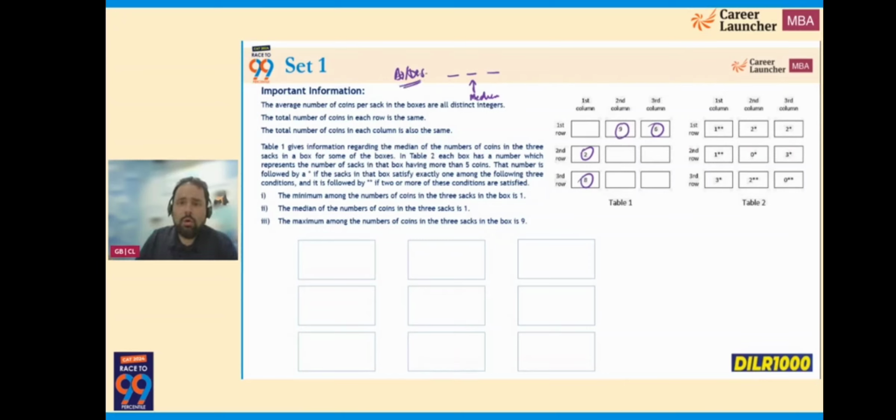Now, all the numbers are from 1 to 9. They are telling me the median of the second row. The median I put as the second number. Each box has 3 numbers. The second number will denote the median column.